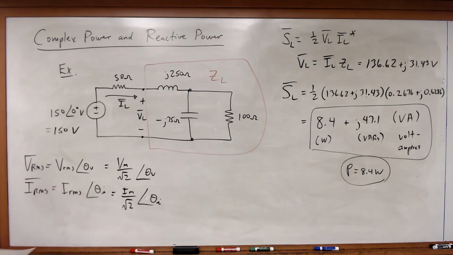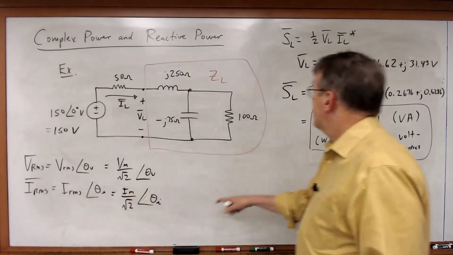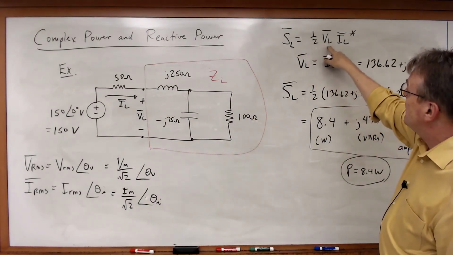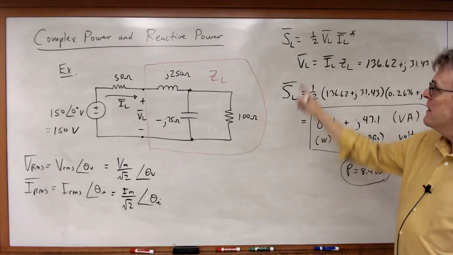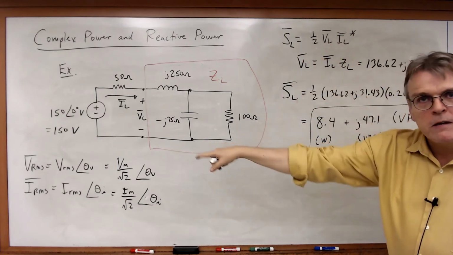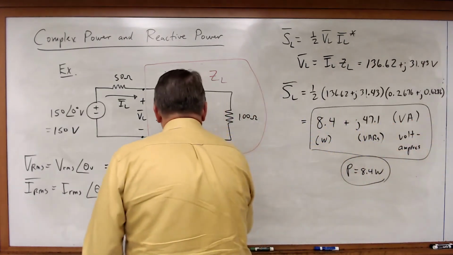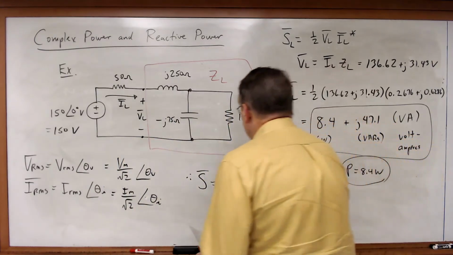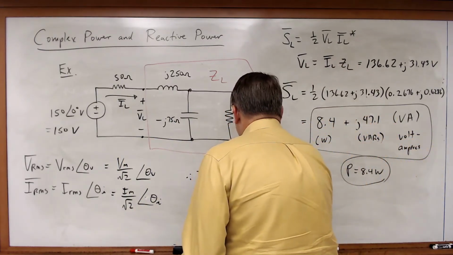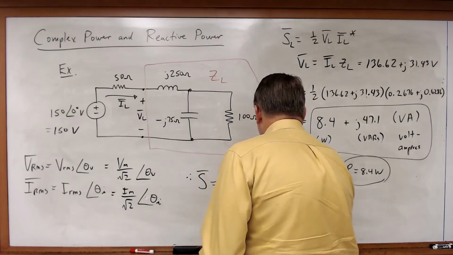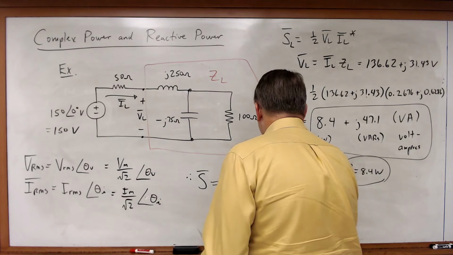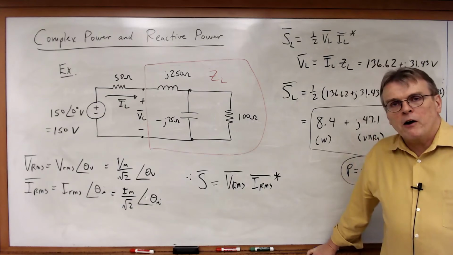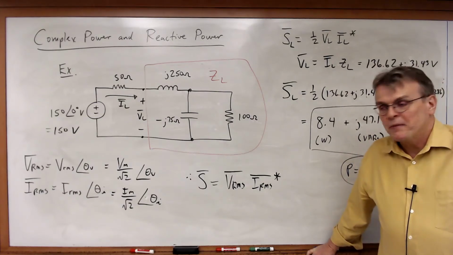Well, if we define it this way, then I can look up at here. Note, SL is equal to 1/2 VL times IL. Why don't I simply define this with those RMS phasors? So therefore, complex power can also be expressed as an RMS voltage phasor times the complex conjugate of the IRMS, the current phasor.